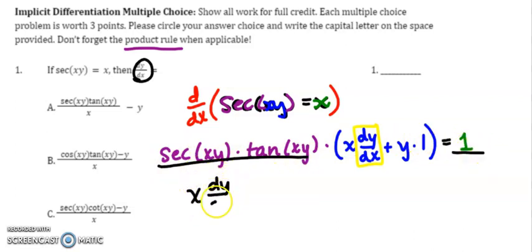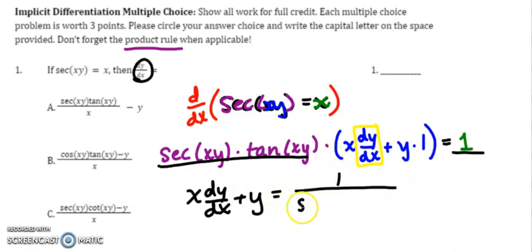So we're left with x dy/dx plus y is equal to 1 over secant xy times tangent xy.